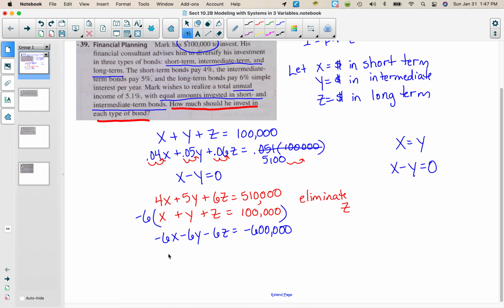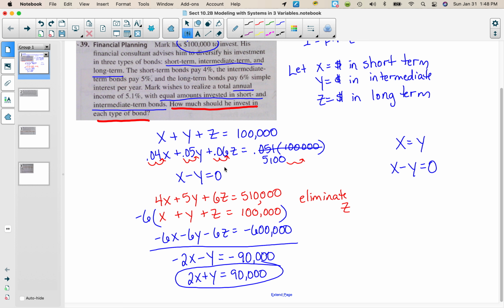And when I combine it with the one above, I get -2x minus y, the z's cancel, equals -90,000. I'm going to multiply by a -1 and make this 2x plus y equals a positive 90,000.